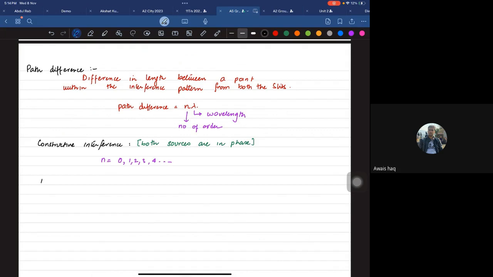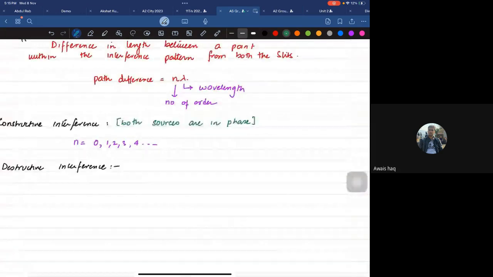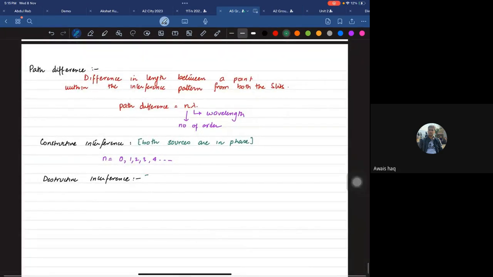Now, if there is destructive interference, which means at this point both sources are anti-phase.